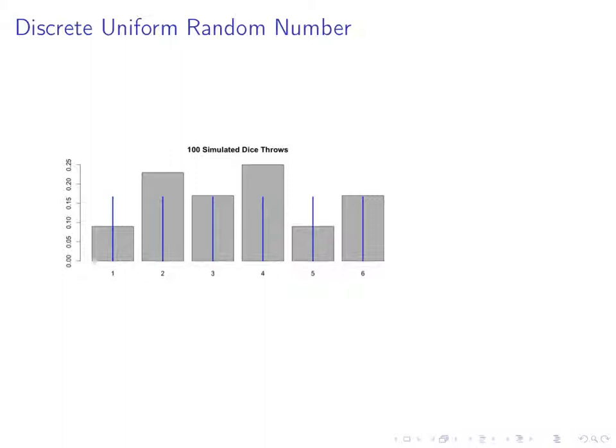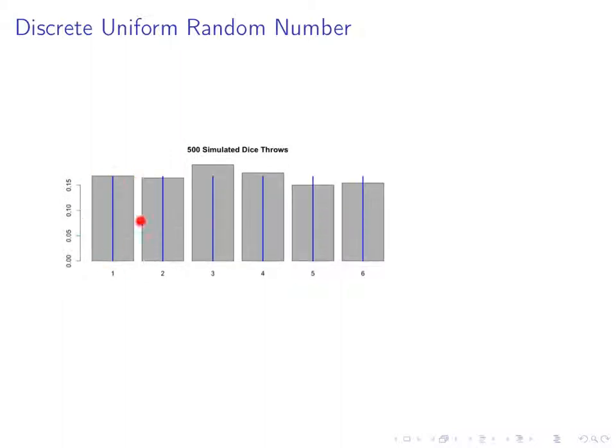This is the idea of random error. We don't expect to get exactly 1/6 of the die rolling evenly. If we increase the simulation size, I now roll 500 dice, I find that the proportion of die throws that are 1, 2 denoted by the grey bars are getting closer to my theoretical probability.